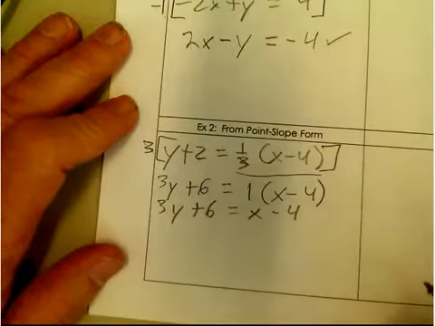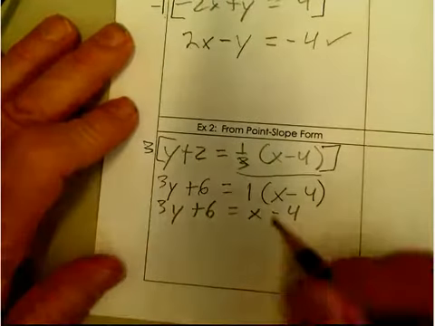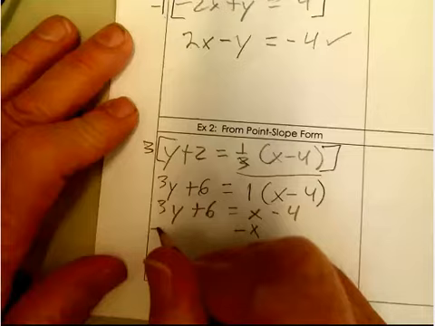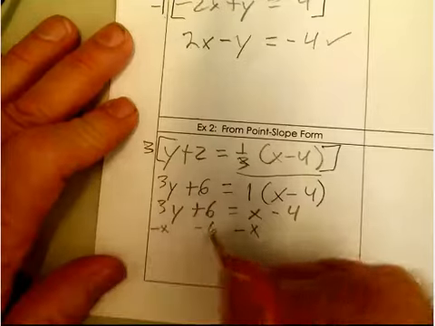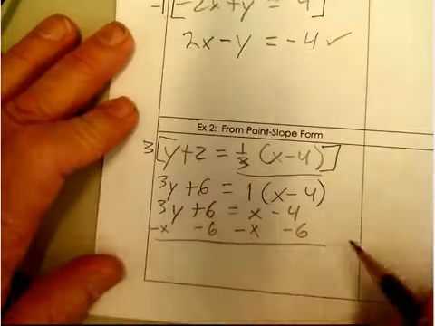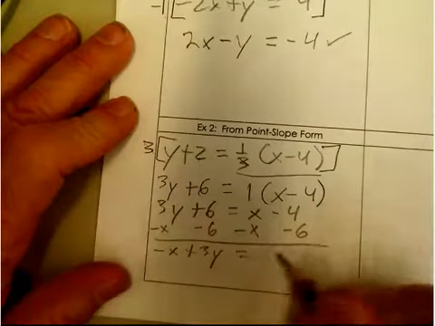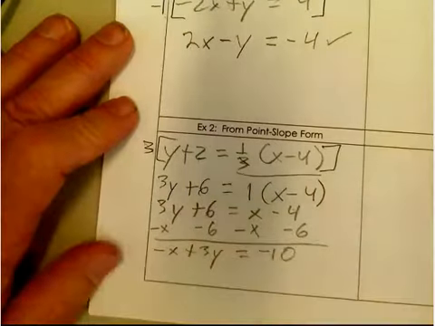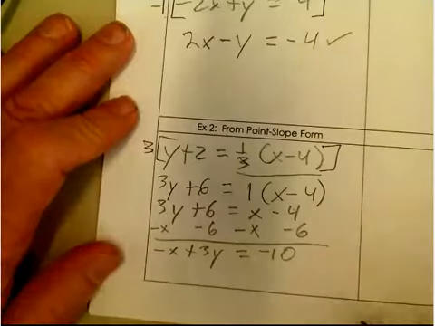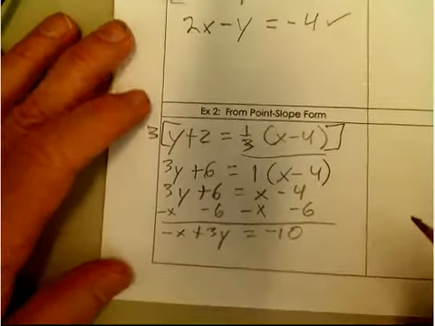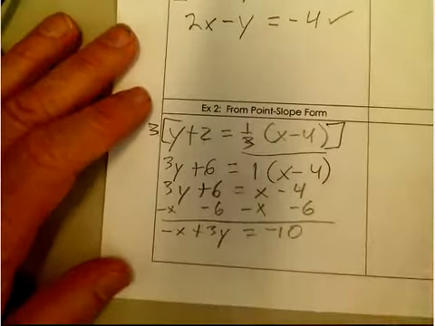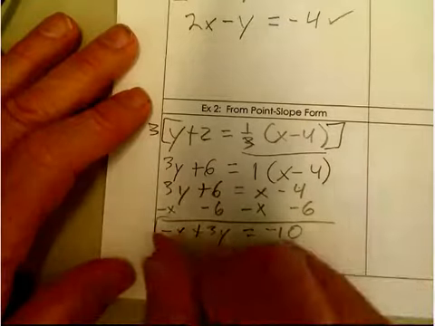Now I have to get the x on the other side, so I'm going to subtract x from both sides. I'm going to subtract 6 from both sides. And I have negative x plus 3y is equal to negative 4 plus negative 6, which is negative 10. Am I done here? Well, no, I'm not, because I've got a negative sign in front of x.